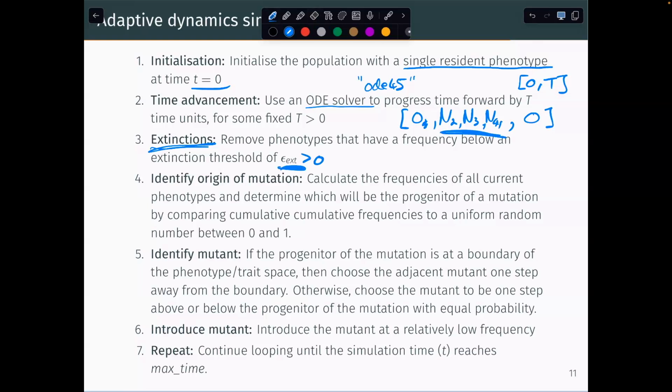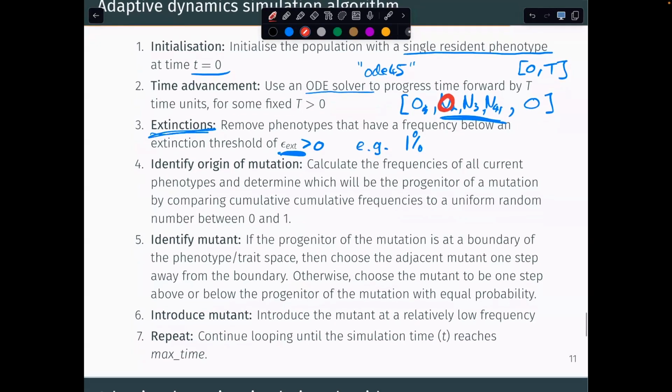So we rescale according to the total population size. Okay, so we set some threshold here, maybe I set this to be 1%. If anything falls below a frequency of 1% in the population, I'm just going to set that particular entry of the output vector from my ODE solver to 0. Suppose N2 was less than 1%. Going forward, this is now going to be 0. Okay.